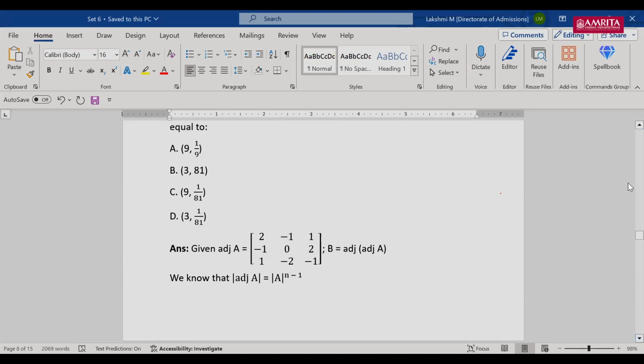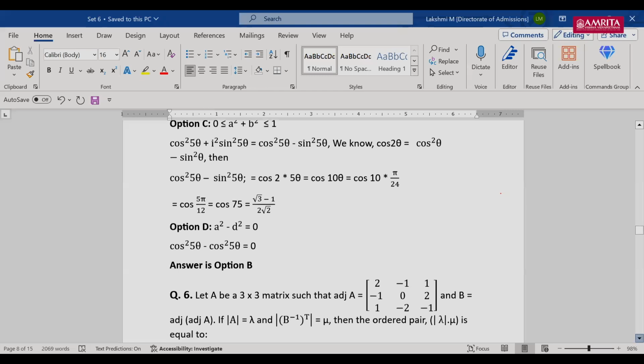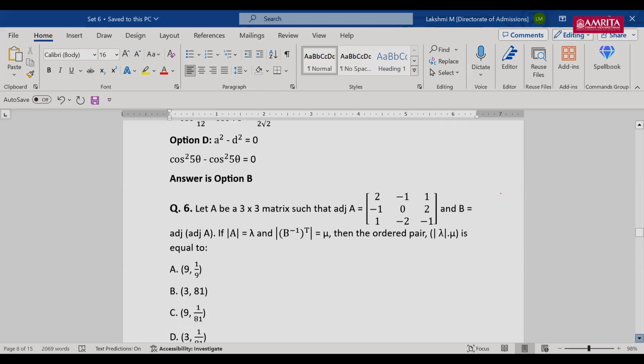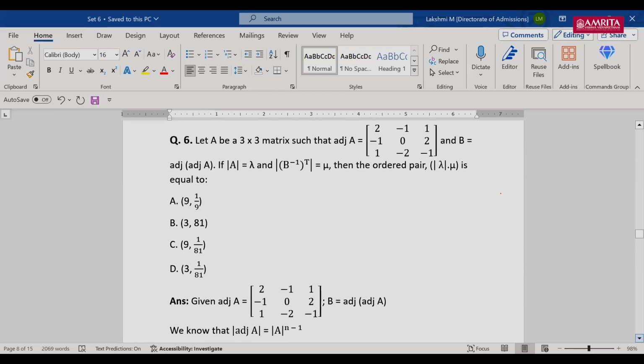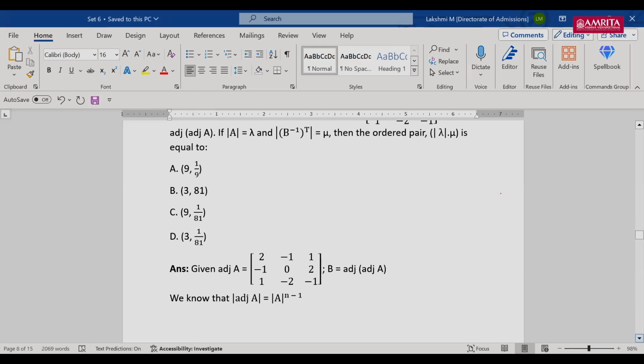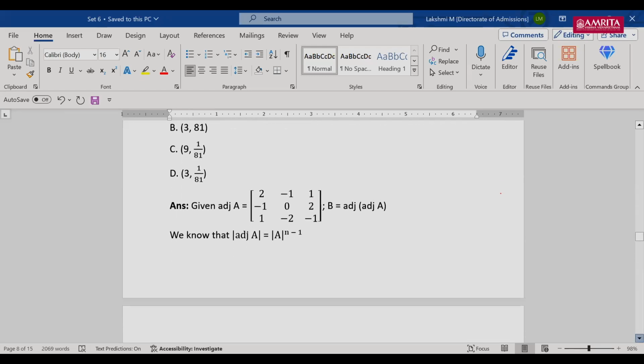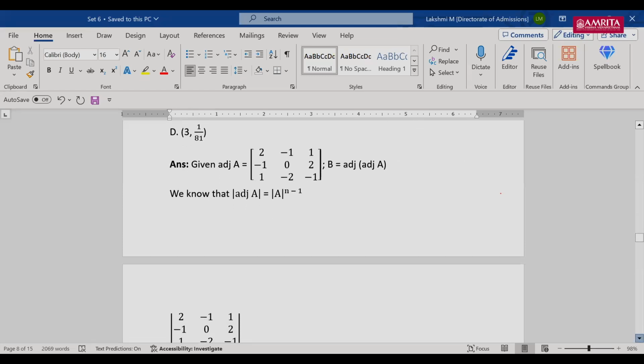Now you need to find mu. What is mu? It's B inverse transpose. They have given a clue also: B is equal to adjoint of adjoint A. That's A raised to n minus 1, raised to n minus 1, which is equal to A raised to 4. That's 3 raised to 4, which is 81.